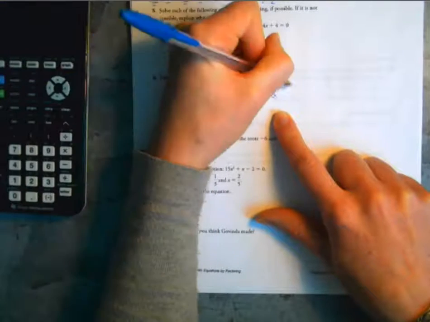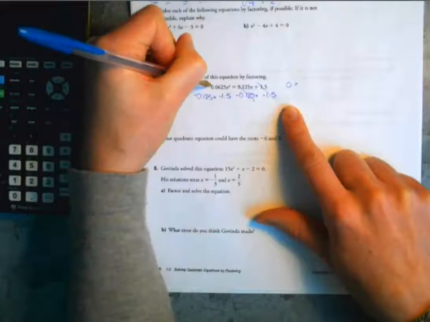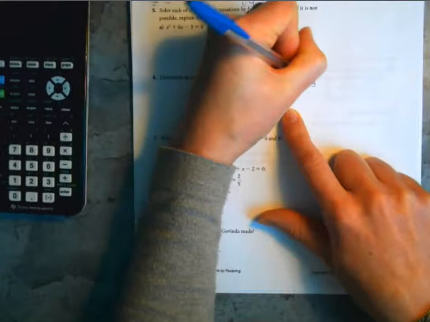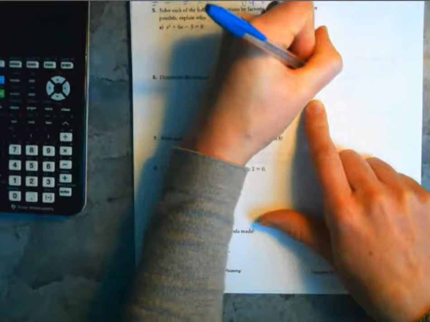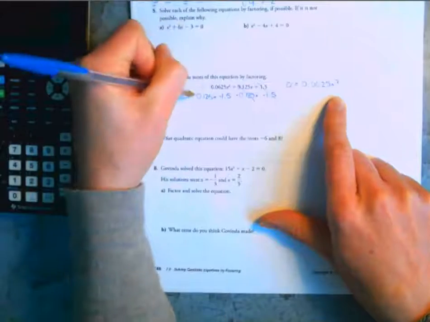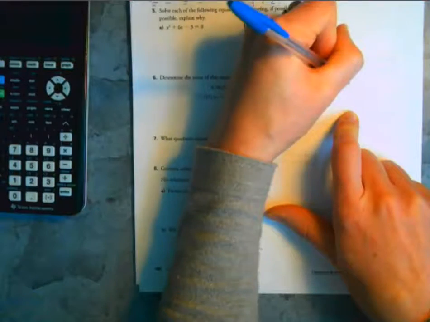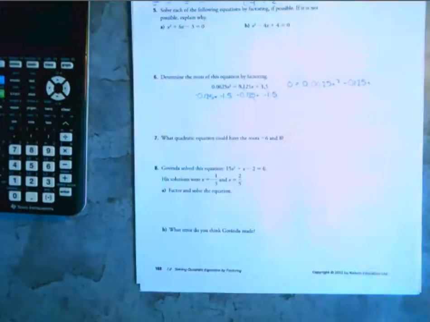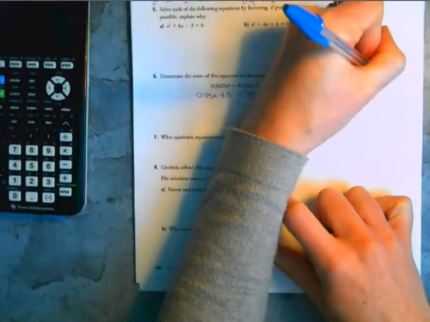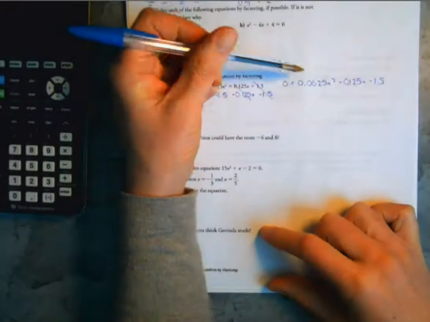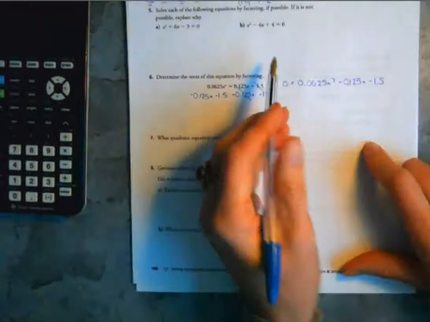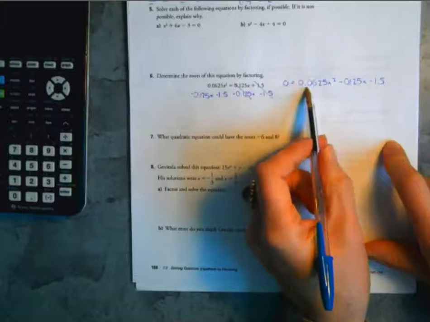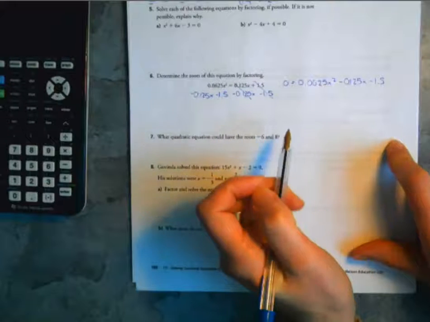And so we're going to be left with 0 is equal to 0.0625x squared minus 0.125x minus 1.5. Okay, so now what we want to do is see if we can get rid of this term in front of the x squared to simplify our equation.